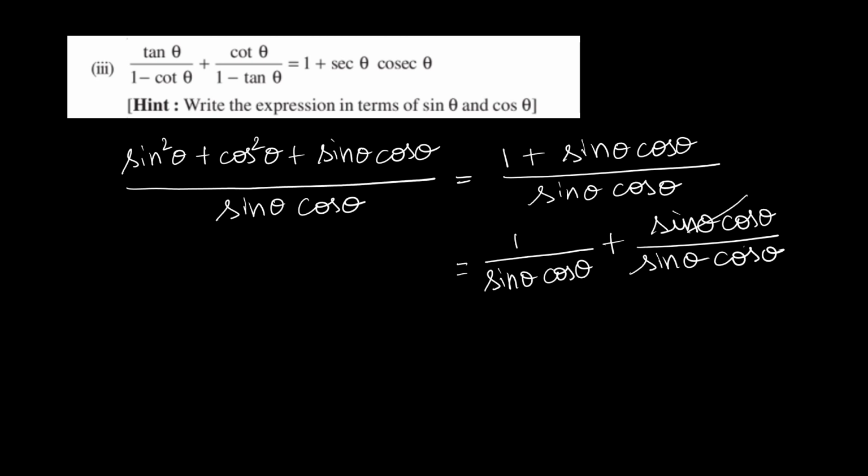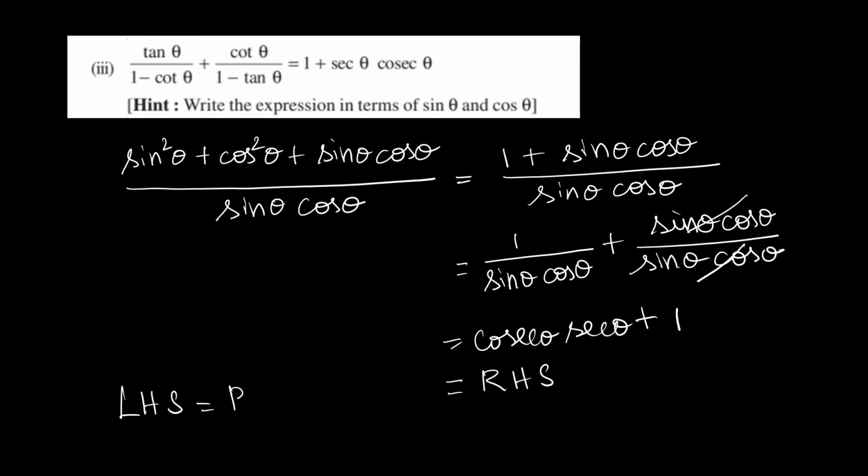So this and this will get cancelled. 1 by sin theta is cosecant theta, 1 by cos theta is secant theta, plus 1. That is what we have to prove. That is your right hand side. Left hand side equal to right hand side. Hence proved. Is it clear? Yes. Thank you all.